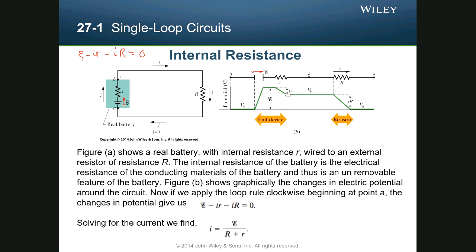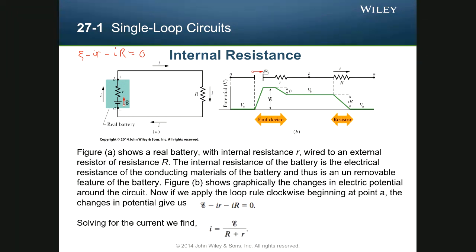And then we'll have this R here. This next R will go around the circuit. We hit the next resistor, we're going in the direction of the current, and we hit R. That'll be a minus term because we're going down the hill. And then we get back to A.